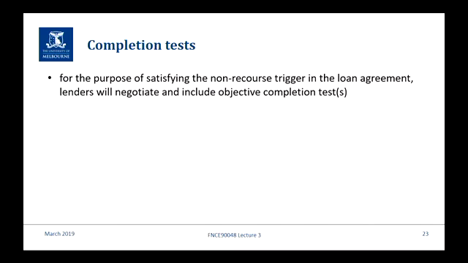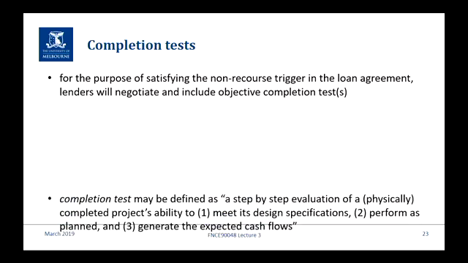So, to ensure that everyone knows when completion has happened in a particular case, there are what are known as completion tests. Satisfying the non-recourse trigger means that there have to be completion tests. They're objective in that it's not the lender saying you've met it or the SPV saying we've met it; a third party verifies that the test has been met.